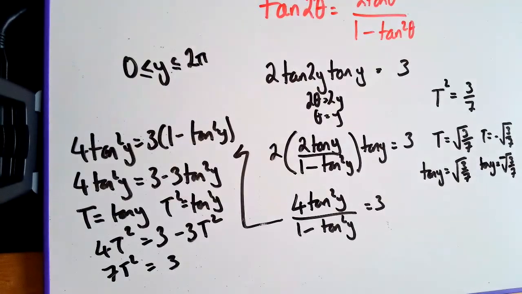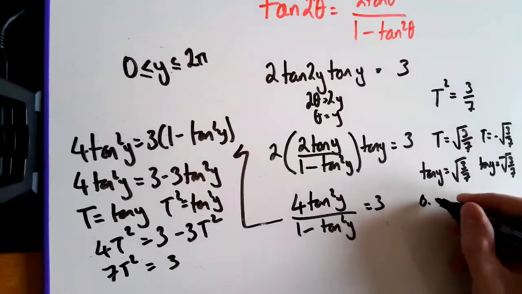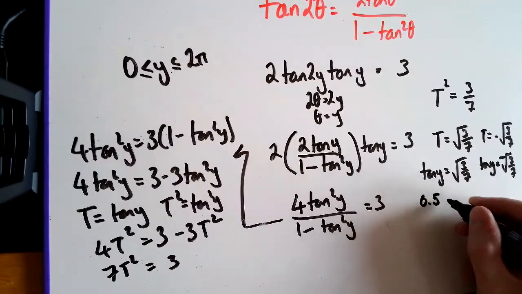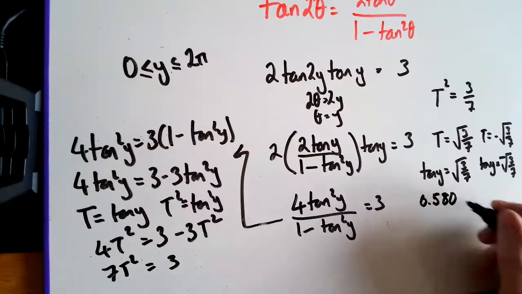Then solve. Inverse tan, making sure I'm in radians first. Inverse tan of root 3 over 7 gives us 0.584, to 3 decimal places.